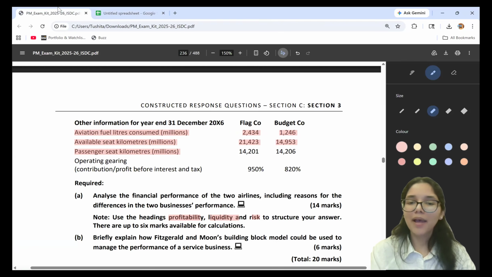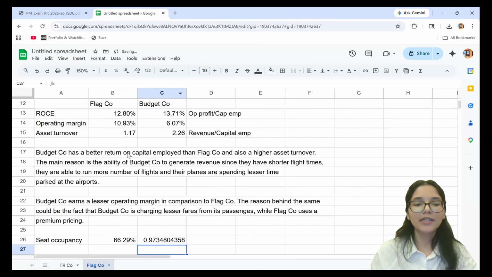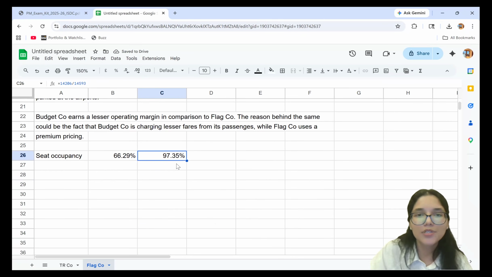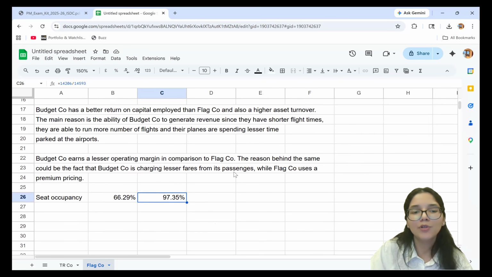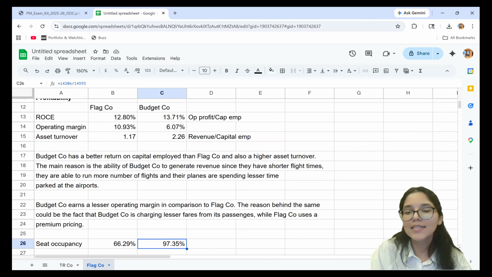Out of how much the capacity? 14,593. So you people can see this is the seat occupancy numbers. Budget company was able to sell 97% of the seats, whereas the flag company was only able to sell 66.29% of the seats. What does this tell you?